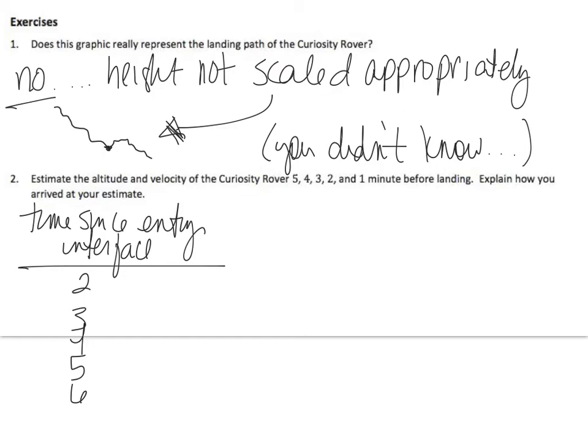So if we use the graph, the landing time is about 7 minutes after entry interface. And you just have to convert those seconds into minutes by dividing by 60.